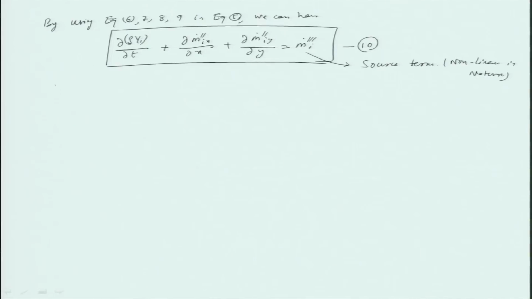What would it be? y i m dot i x minus rho D ij.